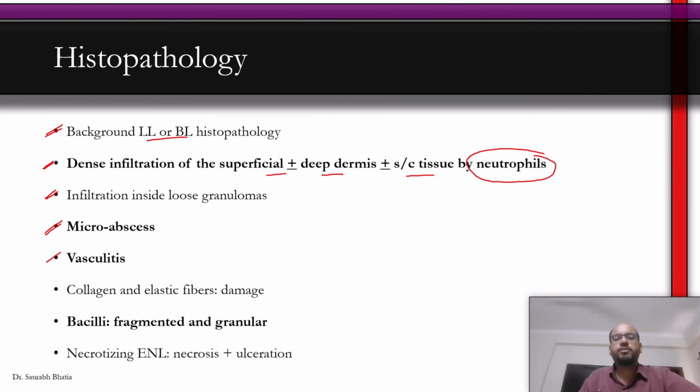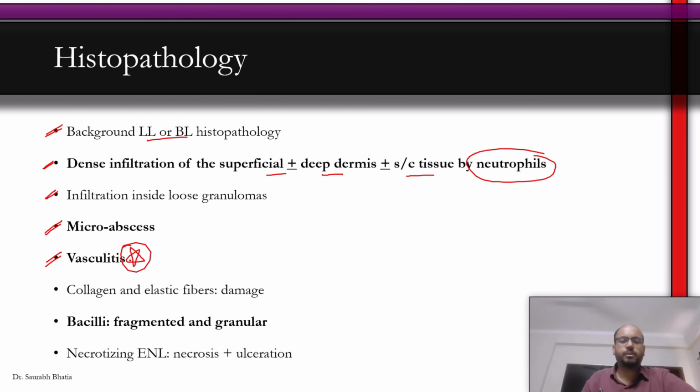Then you have destruction of the vessel wall known as vasculitis, and this vasculitis is also a very important feature of biopsy of ENL. So any kind of upper, mid and lower dermal infiltrate composed mainly of neutrophils along with vasculitis with a background of Hansen's involving the subcutis also points towards type 2 lepra reaction.